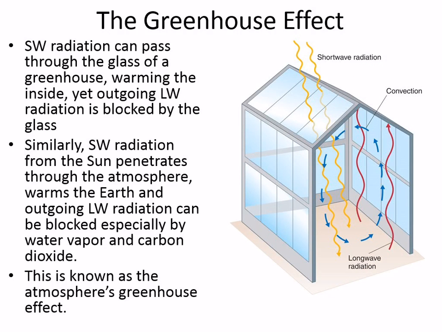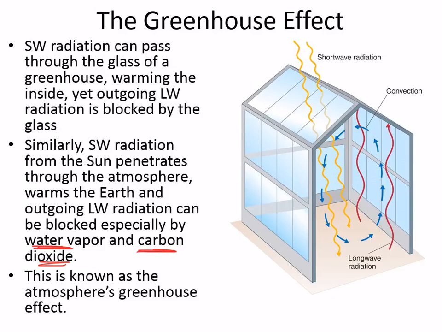The way it happens in our atmosphere is, obviously we don't have a pane of glass, but it's very similar. In a minute I'm going to show you little pictures of water particles. Water particles do this. Carbon dioxide gas particles do this.